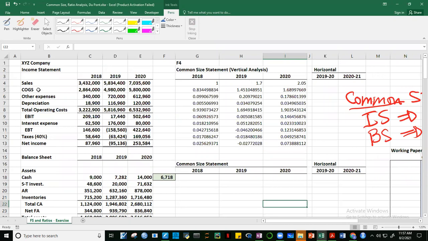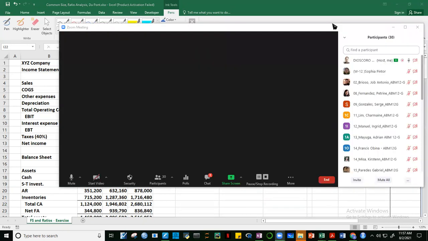Sa income statement guys, ang pinakamalaking amount dyan, sales. Wala nang ibang lalaki dyan. Normally, unless in extraordinary cases, na may other revenues na mas malaki pa kaysa sales. But it's normally, okay, you're correct, no? Thank you John for your comment also.